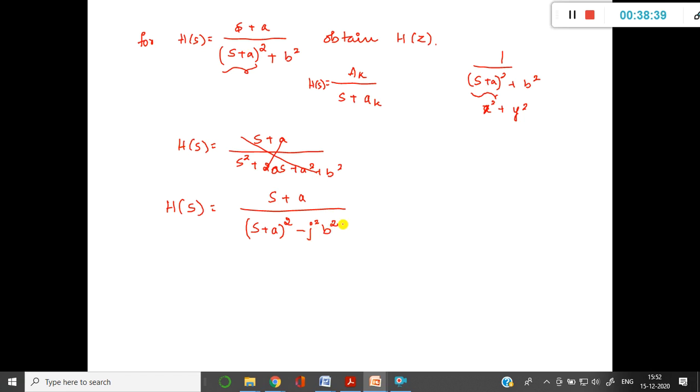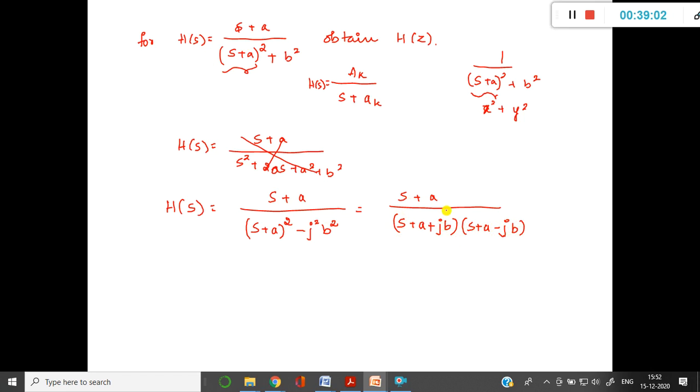Now it is very easy for you to apply the a square minus b square formula. You apply it, and this will be (s plus a plus jb) into (s plus a minus jb). Now this is very easy.